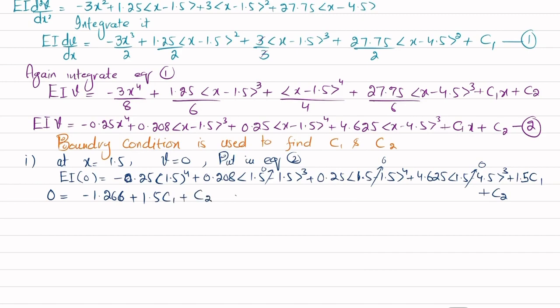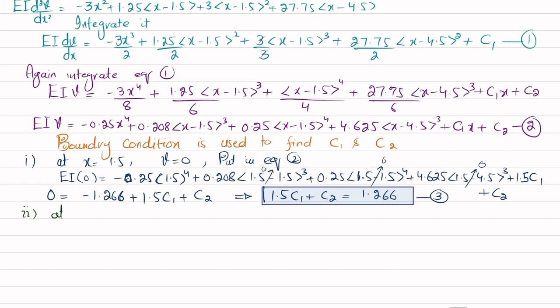So from here you will get the equation 1.5 C1 plus C2 is equal to 1.266. Let this be your equation number 3.